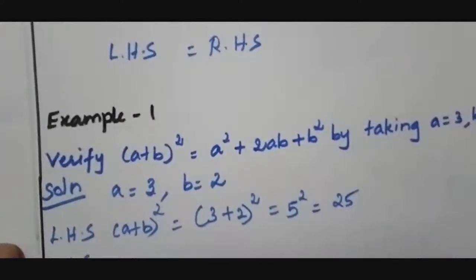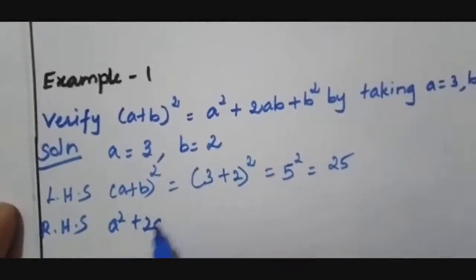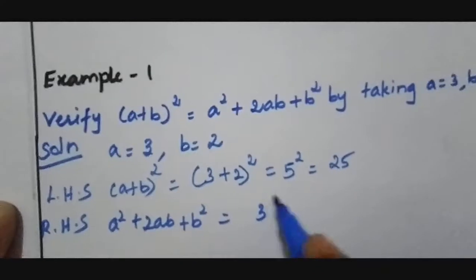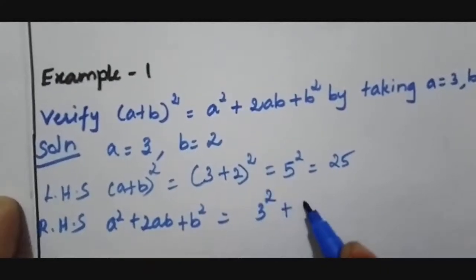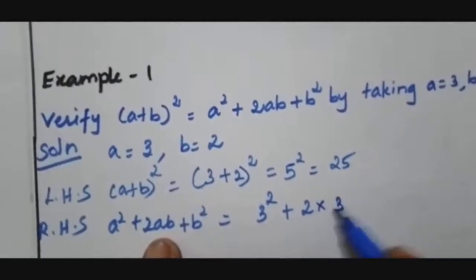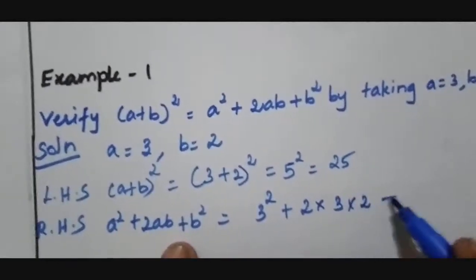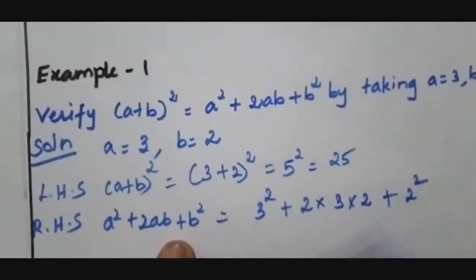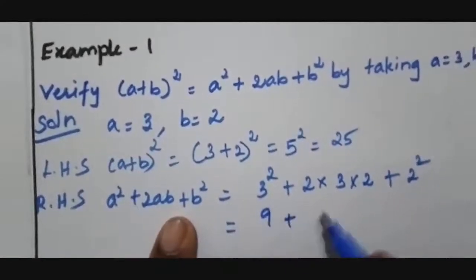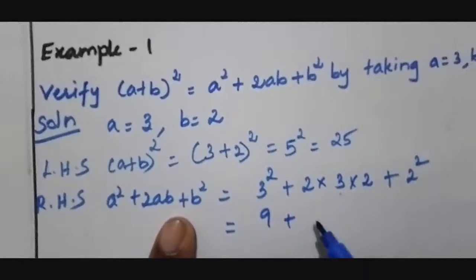Now take the RHS. RHS is a square plus 2ab plus b square. So a square is 3 square, plus 2 into a is 3 and b is 2, plus b square is 2 square. So the value of 3 square is 9, plus 2 3s are 6, 6 2s are 12.